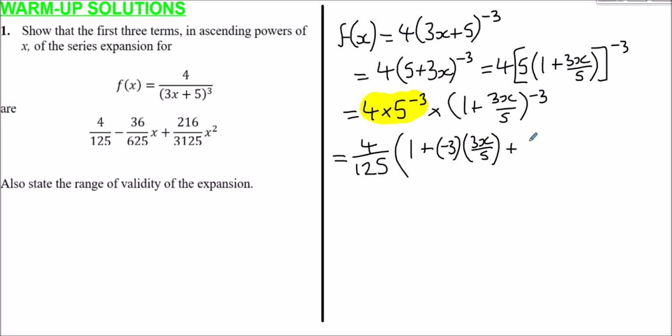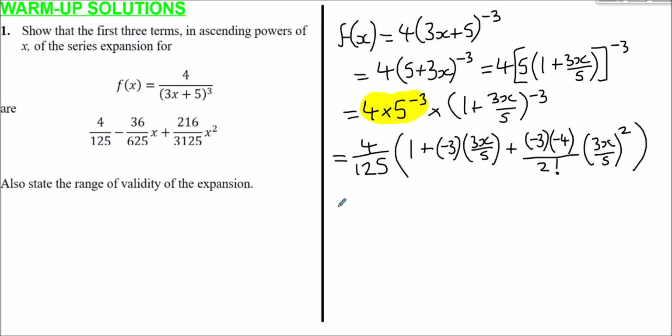So again, the power multiplied by the power minus 1 this time. So minus 3 minus another 1 is minus 4. That's two numbers, so divide it by 2 factorial. And then this thing here to the power 2, which is the same as how many numbers we have there. So that's what we've got thus far.